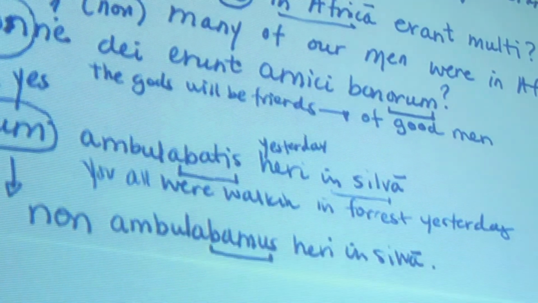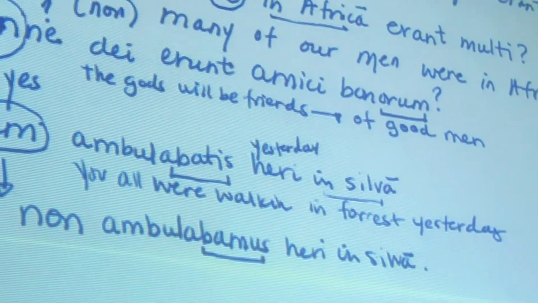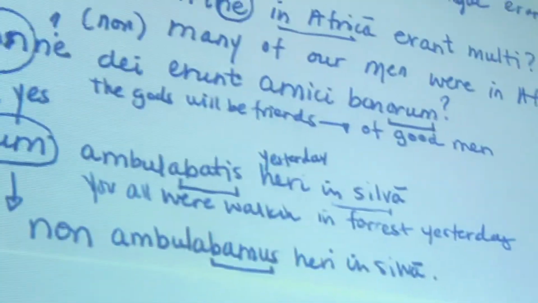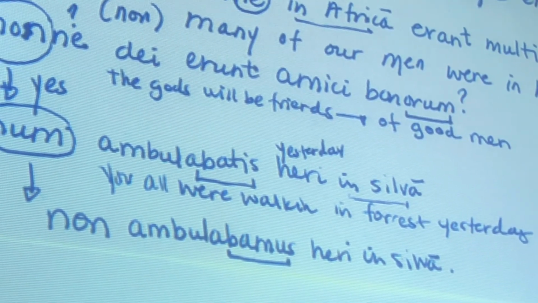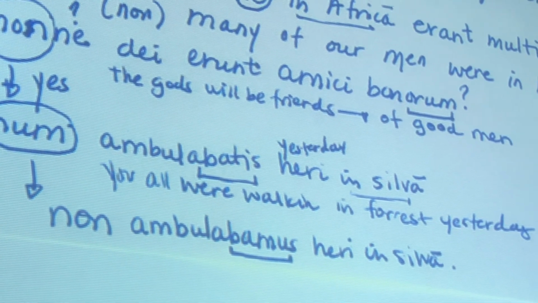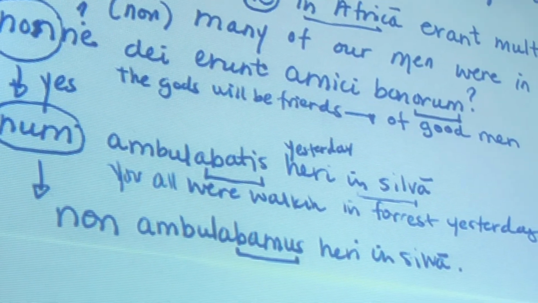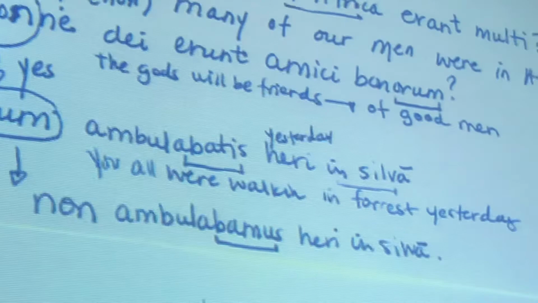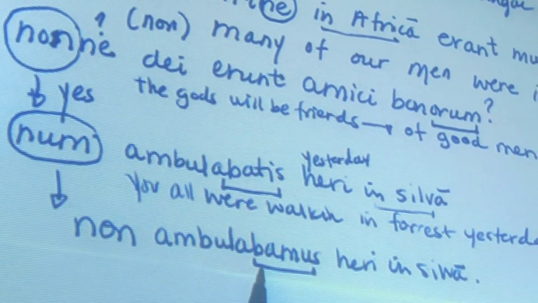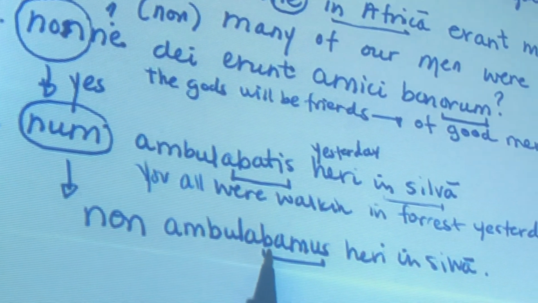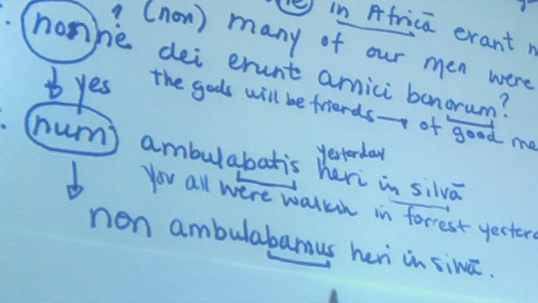You don't always have to. If I say, they weren't walking in the forest, right? No, they weren't. But if you're going to have it in first or second person, you're going to have to change the verb. Because I wouldn't say, you all weren't walking in the forest, right? And you'd say, no, you all weren't. No, you'd say, no, we weren't. So you do have to change the verb on that one a little bit. You really have to know what you're doing to pick that up.